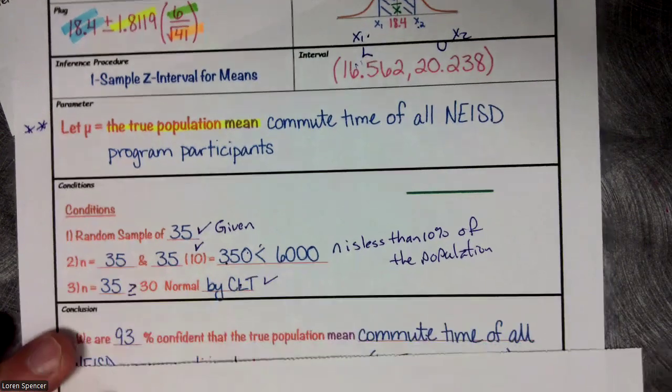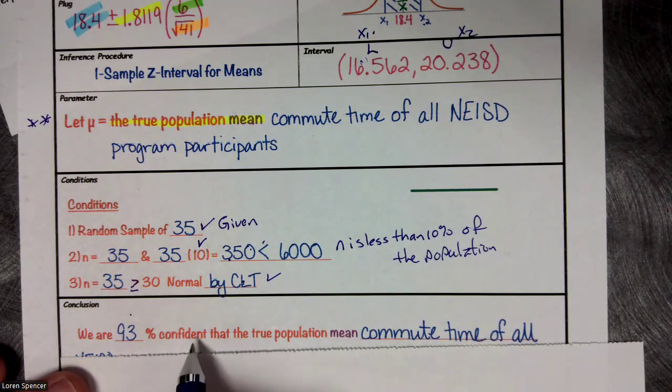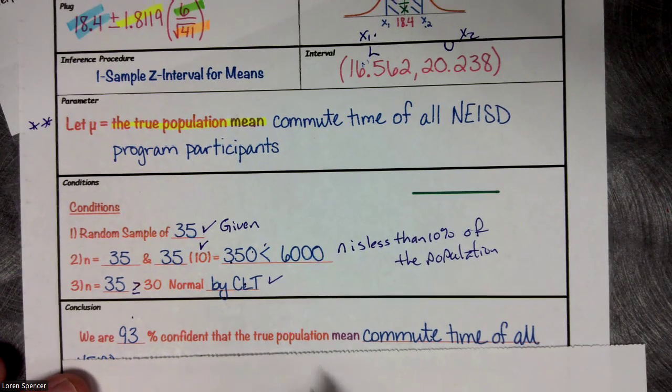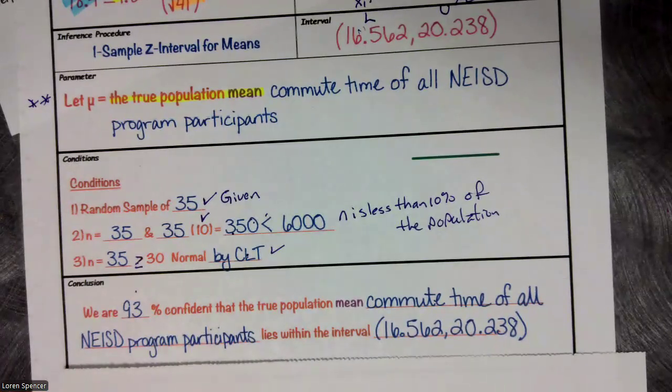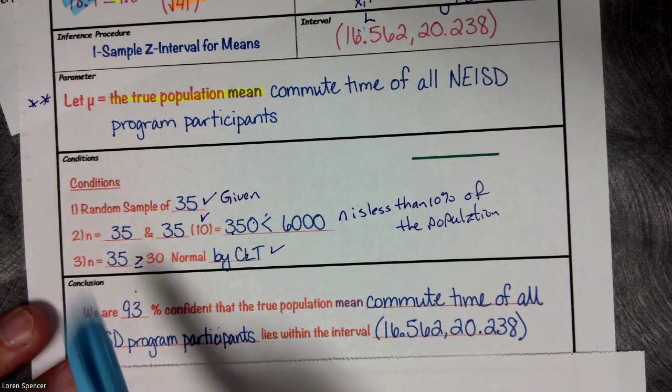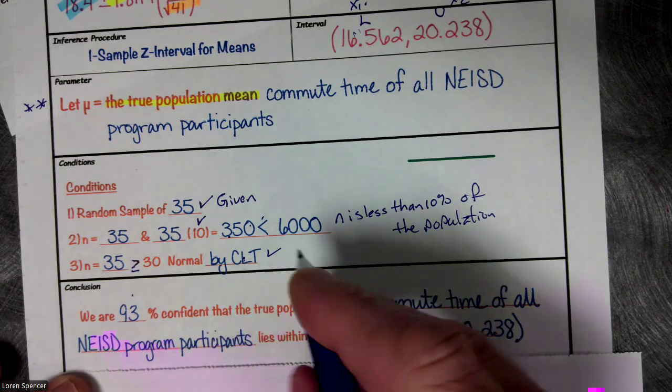Finally, our conclusion. Well, there's our confidence level, 93% confident that the true population mean commute time for all NEISD program participants lies within this interval. Now, I want to point something out to you. Earlier, I said this parameter was super important. Well, look, guess what?